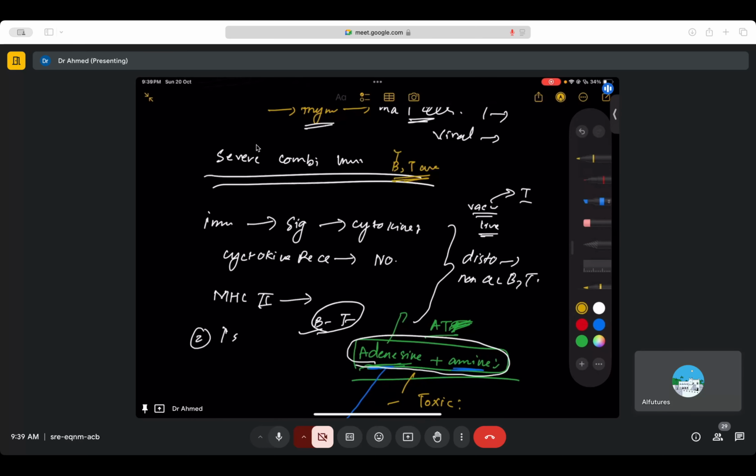Secondly, if you do not have any MHC2 complex or MHC2 receptor. Thirdly, if certain toxic substances are building within your B and T cells, they would keep on destroying them. As a result, both your T and B cells aren't working inside your body. So it's an immunodeficiency syndrome, and it's severe combined. Combined means both B and T cells are not functioning.